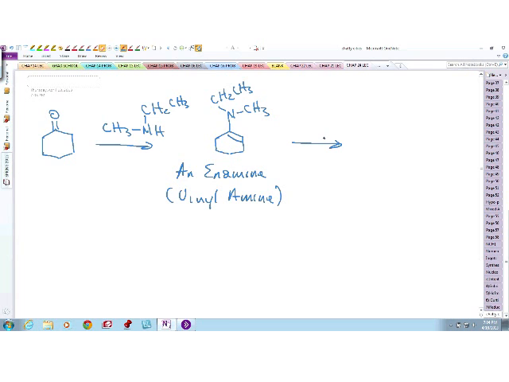we could take, by the way, all of the reduction could also be performed by hydrogen and a catalyst such as platinum or palladium, or you could use sodium borohydride followed by water.